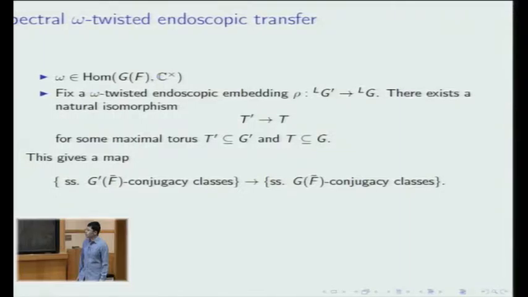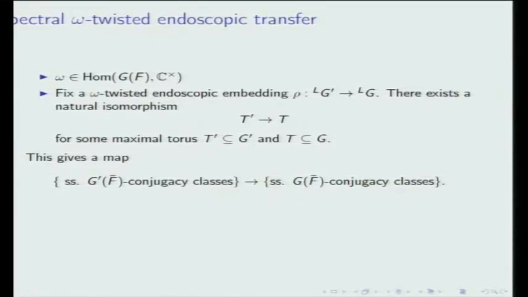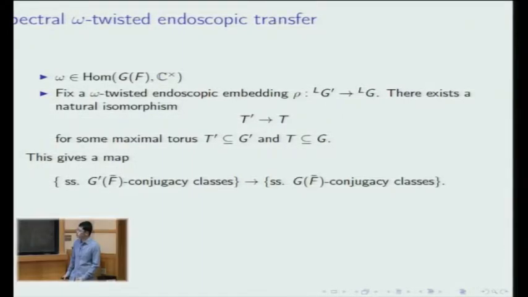Okay. And since you can only match up the conjugacy classes of F bar, you have to compare the characters. It's not enough to just see the value on a single conjugacy class.